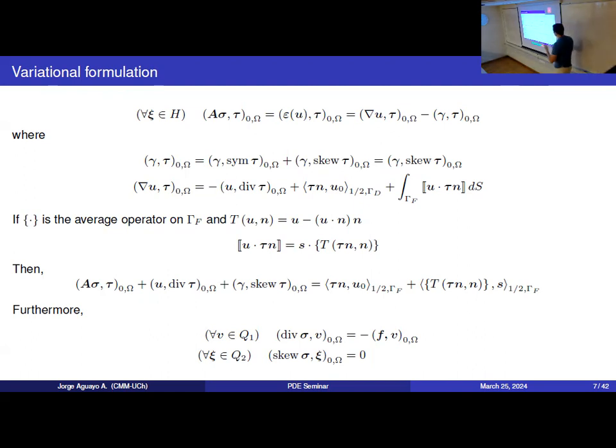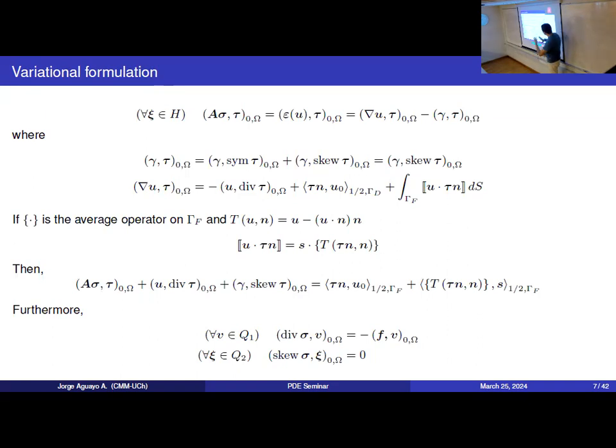So the idea is to use integration by parts to recover a new mixed formulation. We consider the inner product in L2. This is a very convenient notation. We can decompose this term into two terms because we have the symmetric part of the gradient.